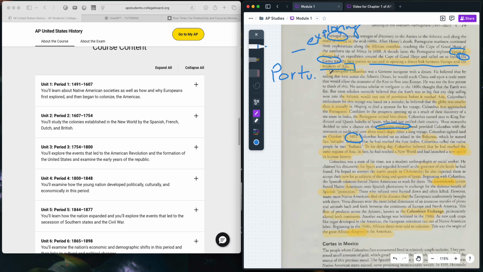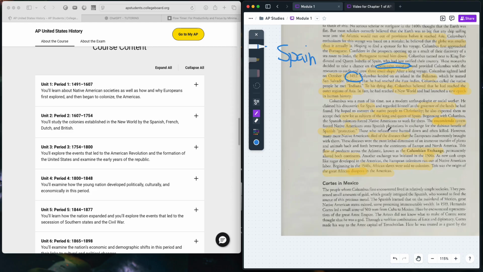So we've learned about Christopher Columbus. We know Portuguese were big. We know now that the Spanish were big, right? So we've got these two players. He claimed, and then we learn a little bit about Columbus and how their mindset was. Columbus did this for Spain, and he believed that everyone there was supposed to be subjects of the king and the queen, which honestly doesn't make sense, right?